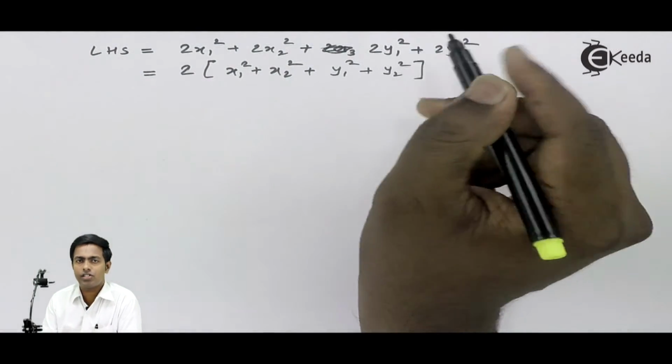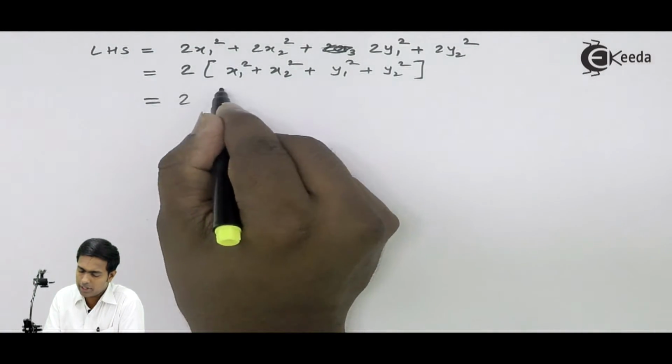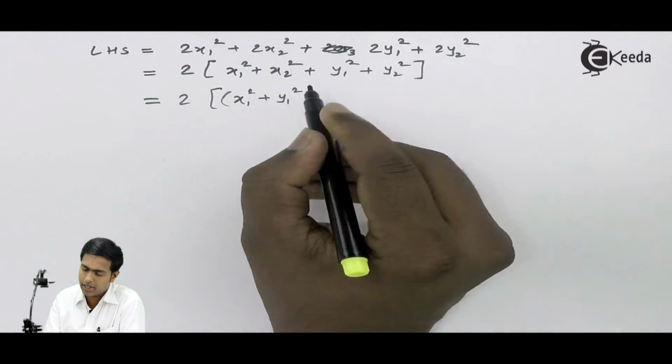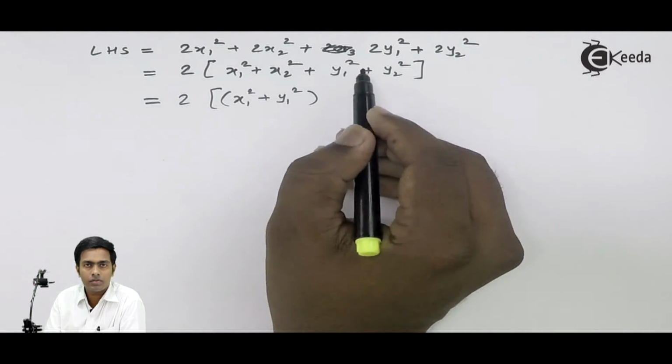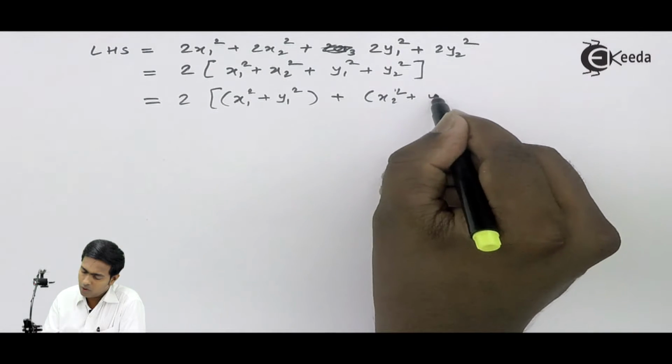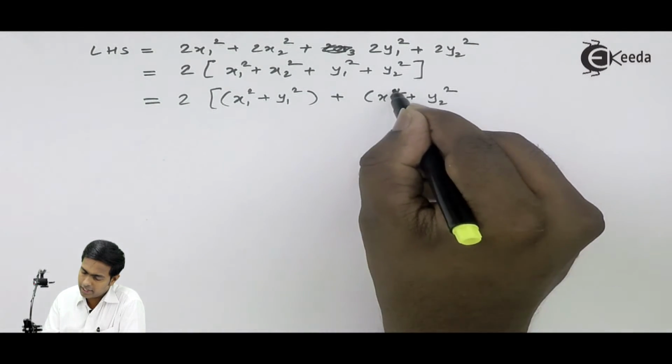Now we will rearrange the terms. So we will get 2 times x1 square plus y1 square in the first bracket, I am adding these two terms, plus x2 square plus y2 square in the second bracket.